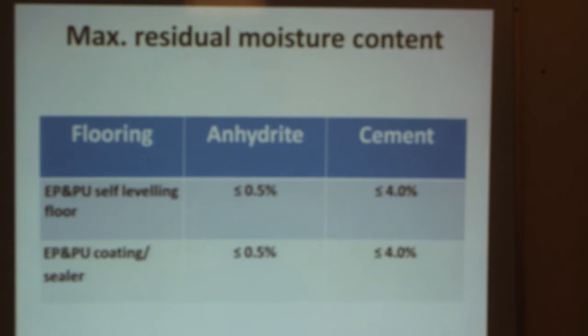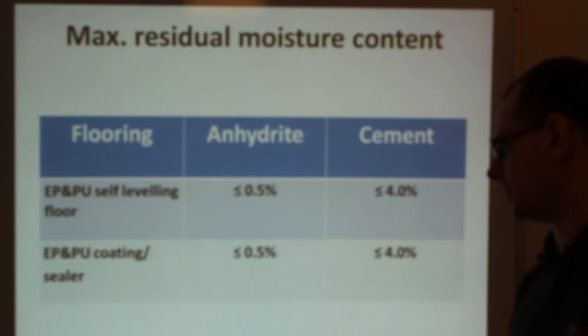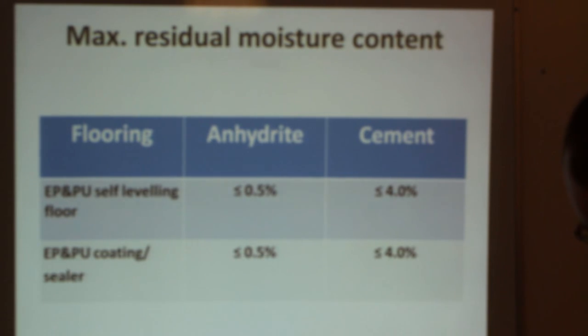When we are going to install an epoxy or polyurethane on top of anhydrite, we need to make sure our moisture is not over 0.5%. With the cement base, we're looking at no more than 4%, and that applies to coatings and sealers as well.